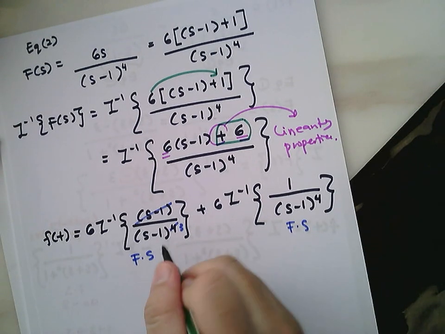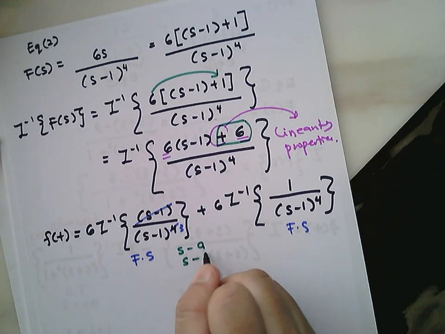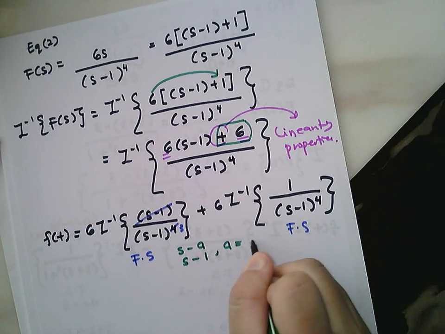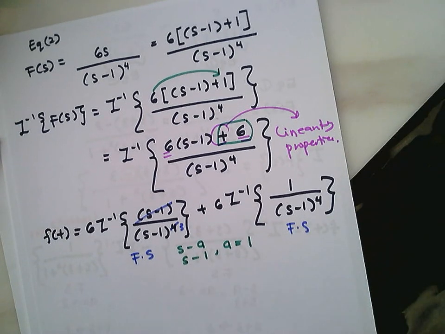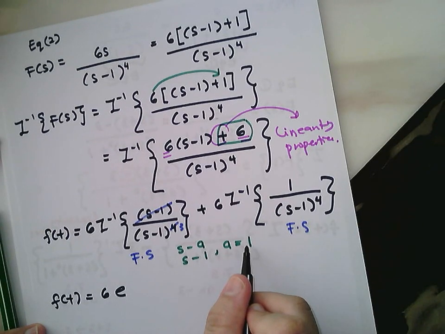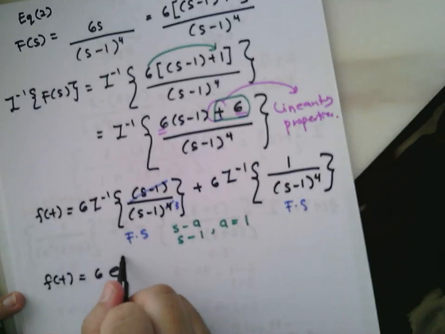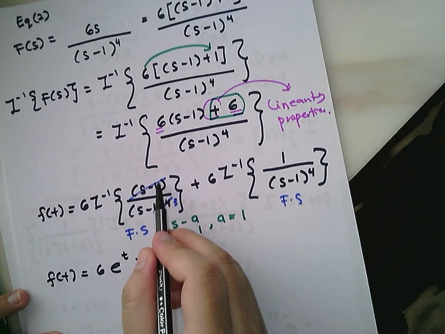Okay, so s minus 1, s minus a, what you have is s minus 1, so you know that your a is equal to 1 for both cases. Okay, I just write it once. So therefore your f(t) is equal to 6 e^t, so your a is equal to 1, so e^t, the inverse of, since this one you already cancel out, right?